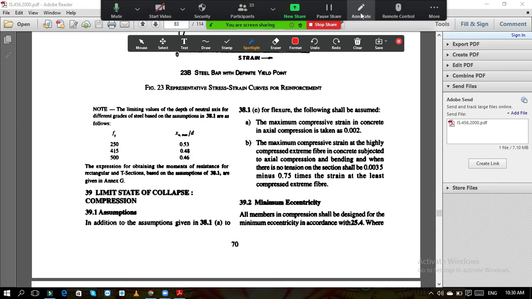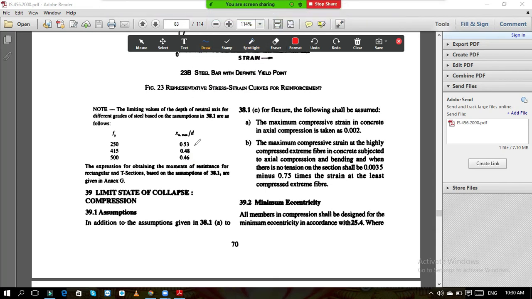The thing we have added is the moment of resistance: 0.149 fck bd square for Fe250, 0.138 fck bd square for Fe415, and 0.133 fck bd square for Fe500. This is the table we need to use while solving problems. Remember the page number is 70.